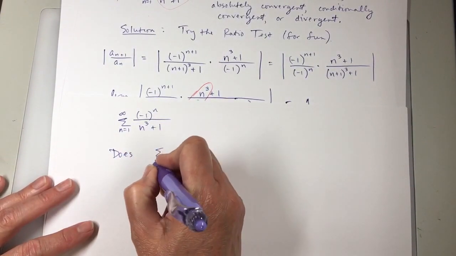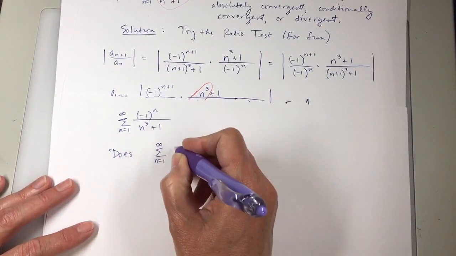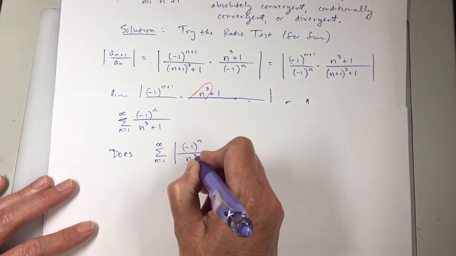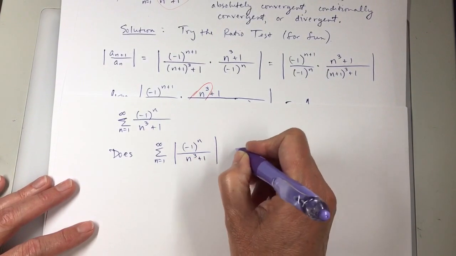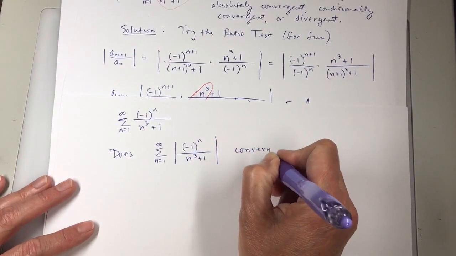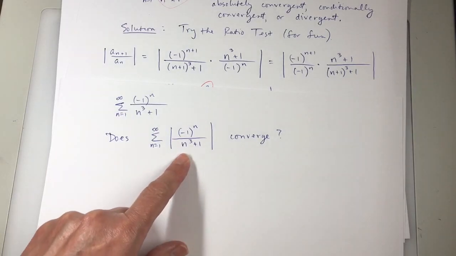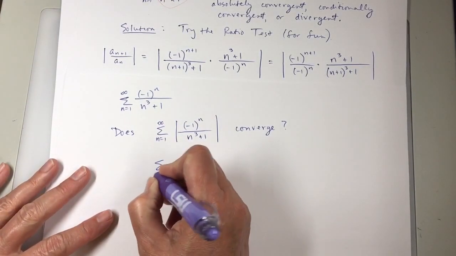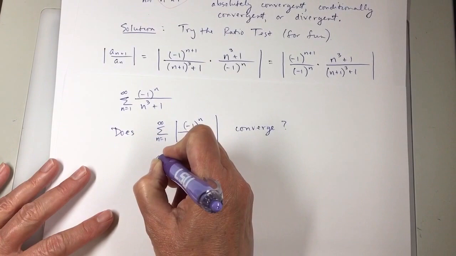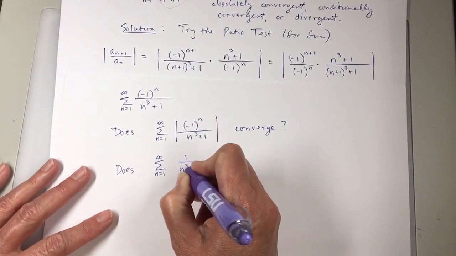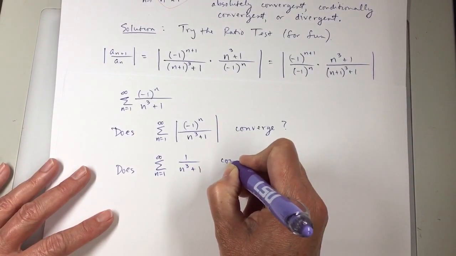Does the sum as n goes from 1 to infinity of the absolute value of (-1)^n over n cubed plus 1 converge? That's the definition of absolute convergence. So the sum as n goes from 1 to infinity of 1 over n cubed plus 1, that's the question.